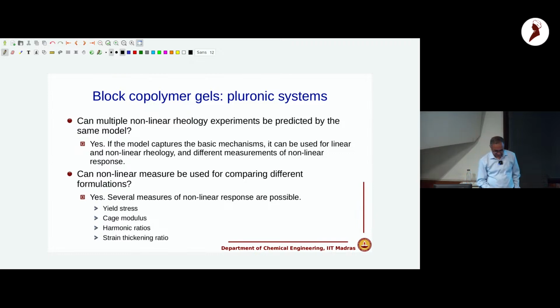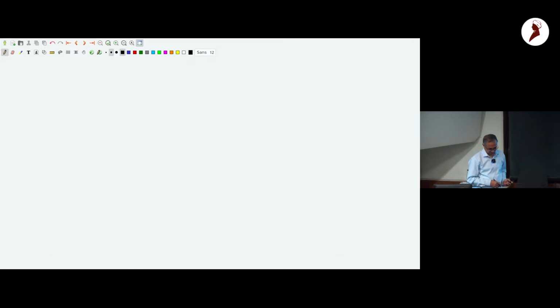Can we use a model that captures basic mechanisms, and can it be used for both linear and nonlinear rheology? Can we also look at the yield stress and the harmonic ratios or strain thickening ratios? Can they also be captured using a model?